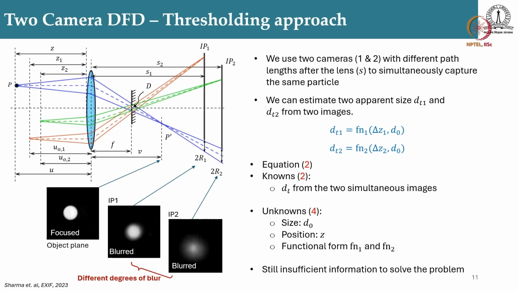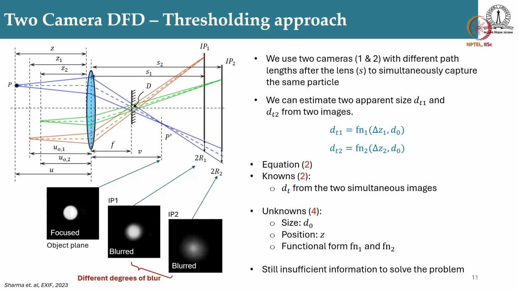So the next obvious step is to generate more equations and collect more information. In that way, you can determine these two parameters, the depth and the size. One approach of doing it is using two cameras, and we will still apply the thresholding approach, but we will capture two simultaneous images of the same particle with a different extent of blurring.